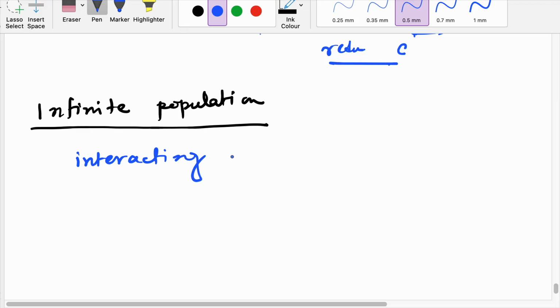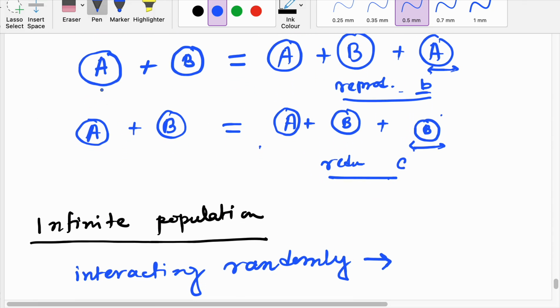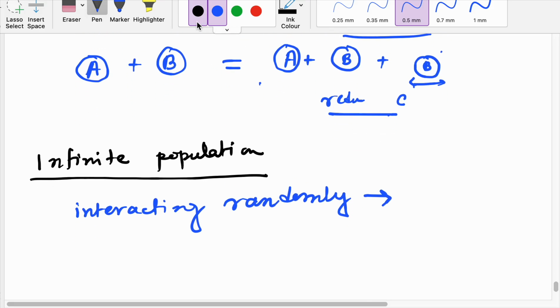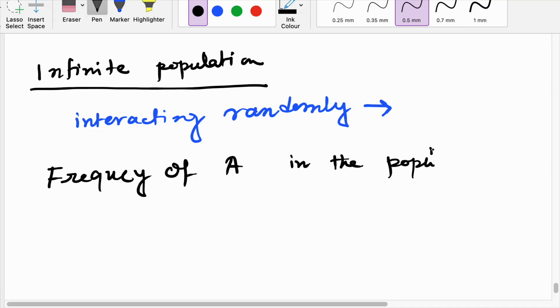And suppose the frequency of A type in the population is X. Then the frequency of B type will be 1 minus X.